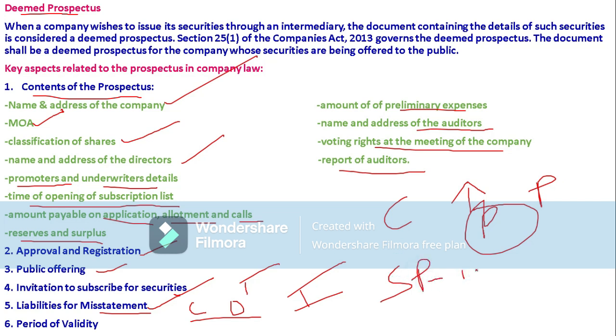After 1 year it has to submit the prospectus again. So the period of validity ensures investors have access to the most relevant and recent information when making investment decisions. These are the key aspects related to the procedure in the prospectus.